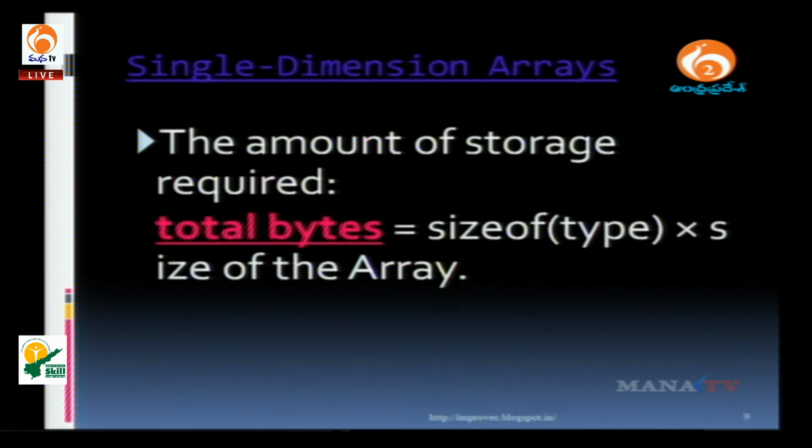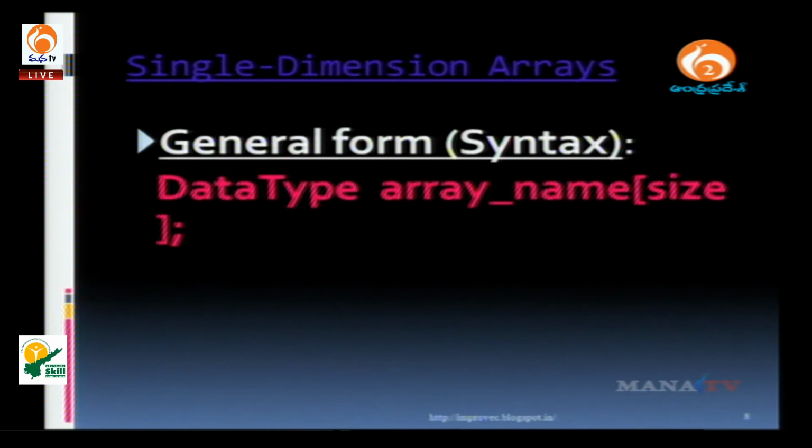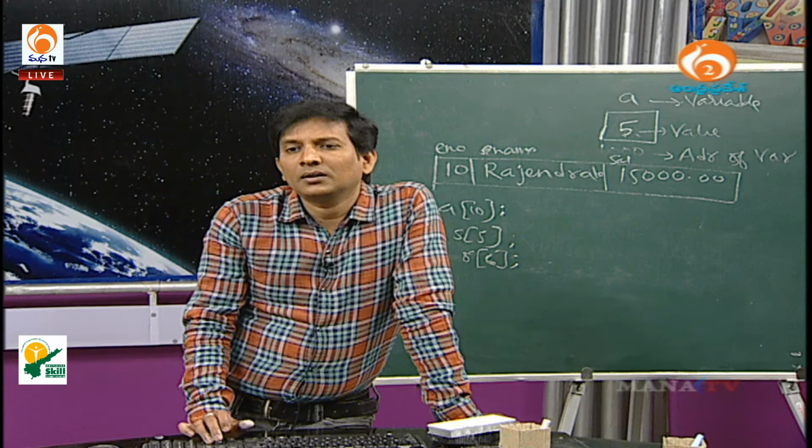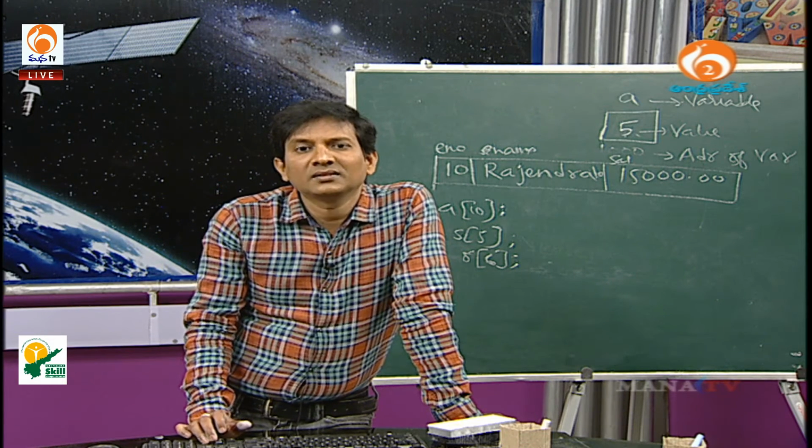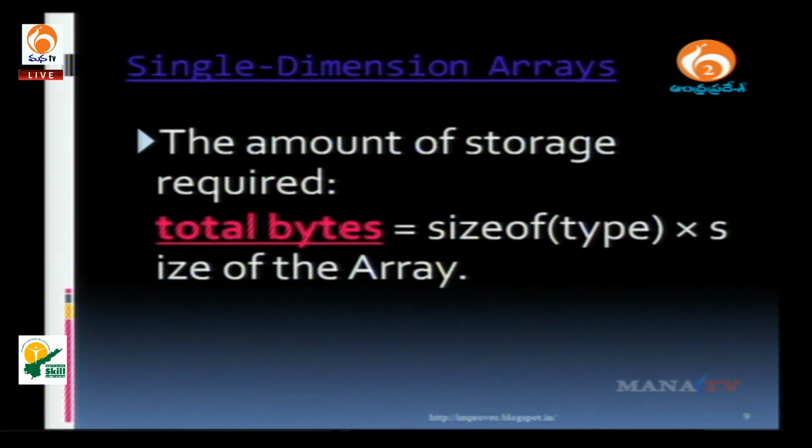Example, here how much memory in bytes this array will occupy depends on the size of the data type times the size of the array.